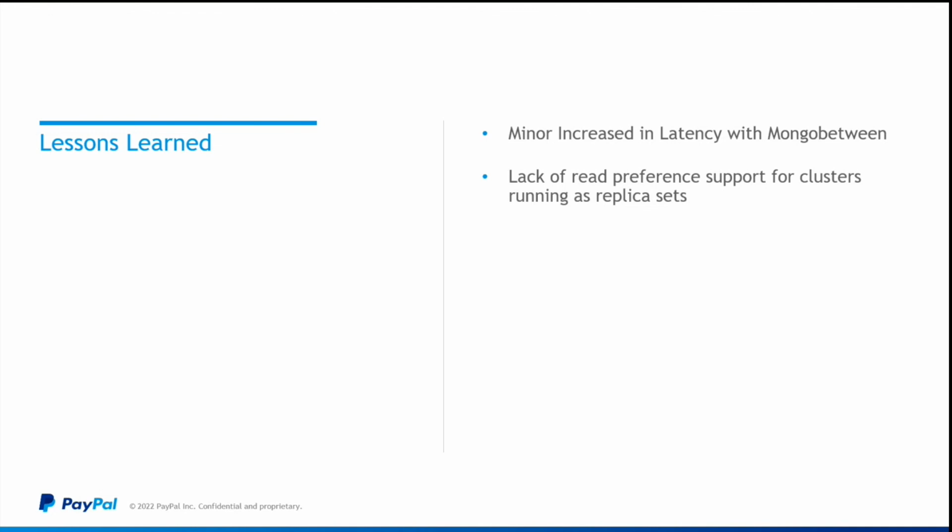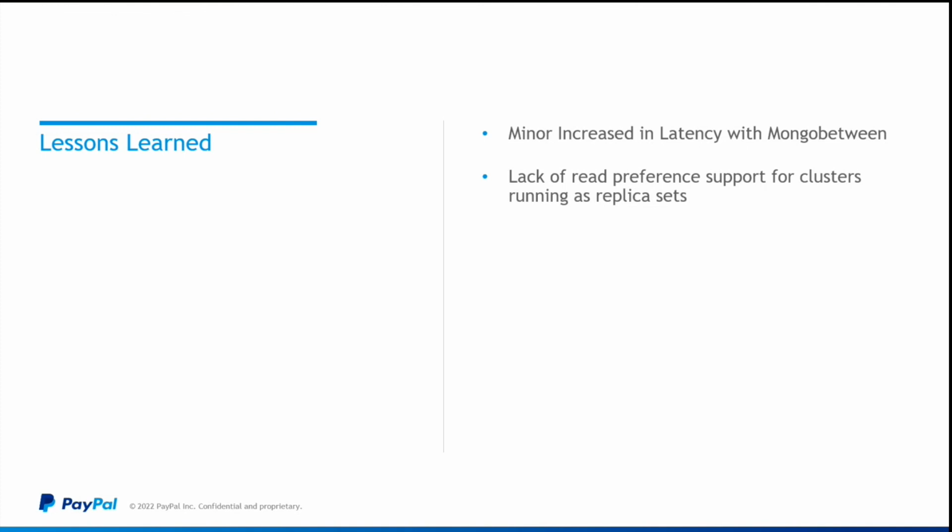The second issue that we ran into is that when we tested Mongobetween, it didn't have support for read preference. So any query that was being sent with a read preference of secondary preferred or secondary was not being honored. It was being sent to the primary of DocumentDB.